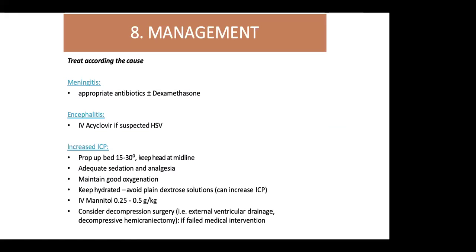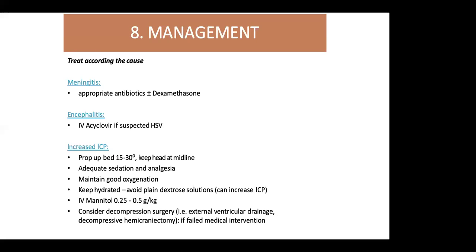For management, we need to manage the patient according to the etiology and we treat the patient according to the cause. For meningitis, we must treat with appropriate antibiotics according to the most common organism in the specific age group.